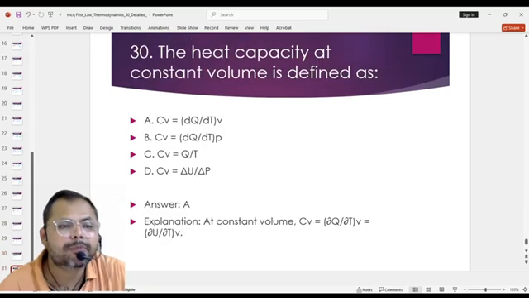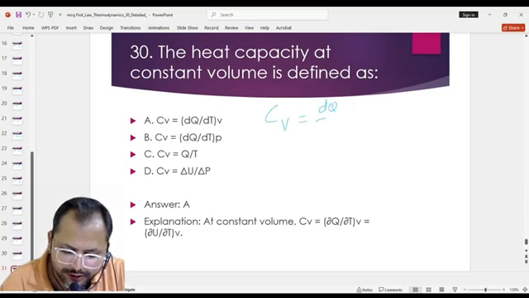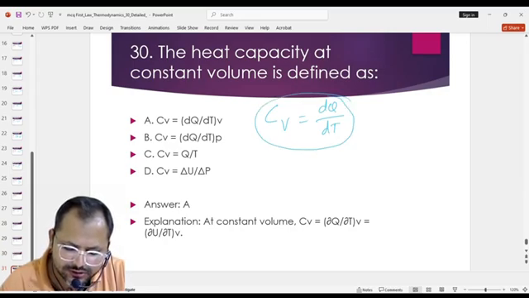Next question. The heat capacity at constant volume is defined as dq upon dt. This is the formula we have to remember. Specific heat at constant volume is equal to dq by dt.